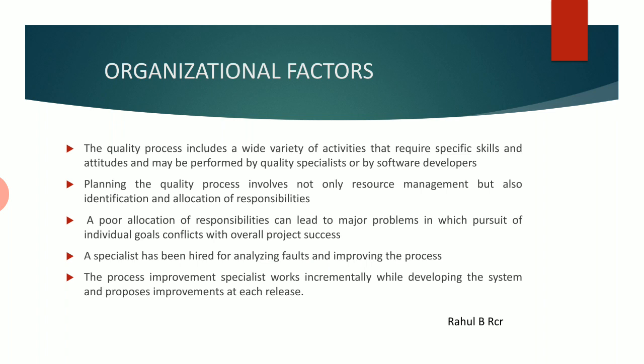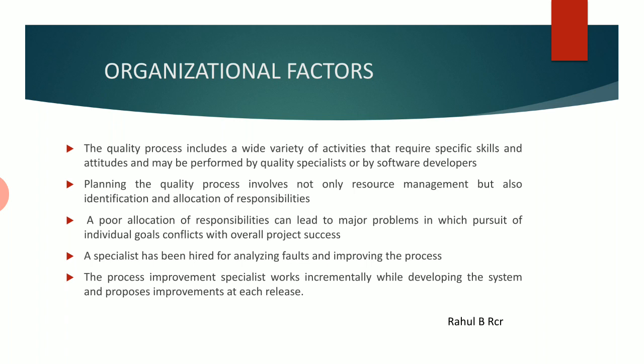So the last one is organizational factors. What are some of the organizational factors? Planning is the main thing. Then the quality process, then specific skills and attitudes, which may be provided by a quality specialist. If you have a poor allocation of responsibilities, it can lead to major problems.